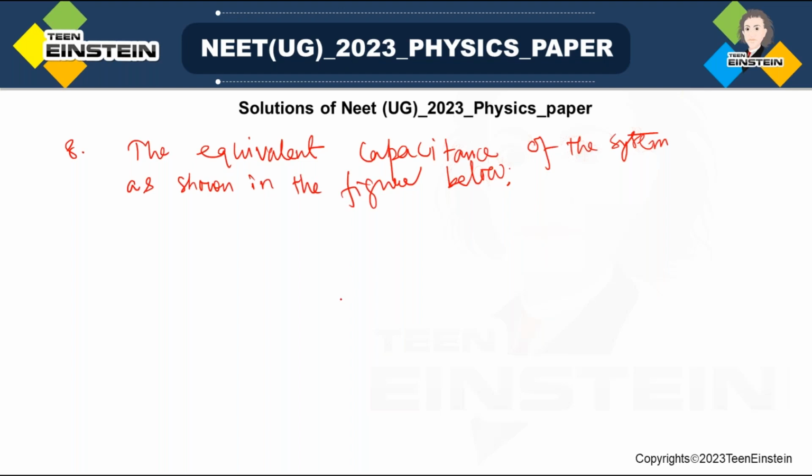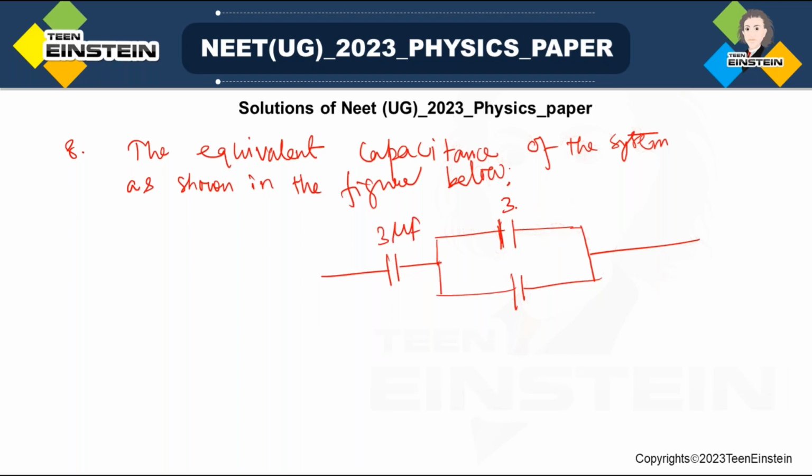So what is the figure or circuit? These are all capacitors. You should remember this. So this is 3 microfarad, this is 3 microfarad, this also 3 microfarad. This is terminal B and this is terminal A.